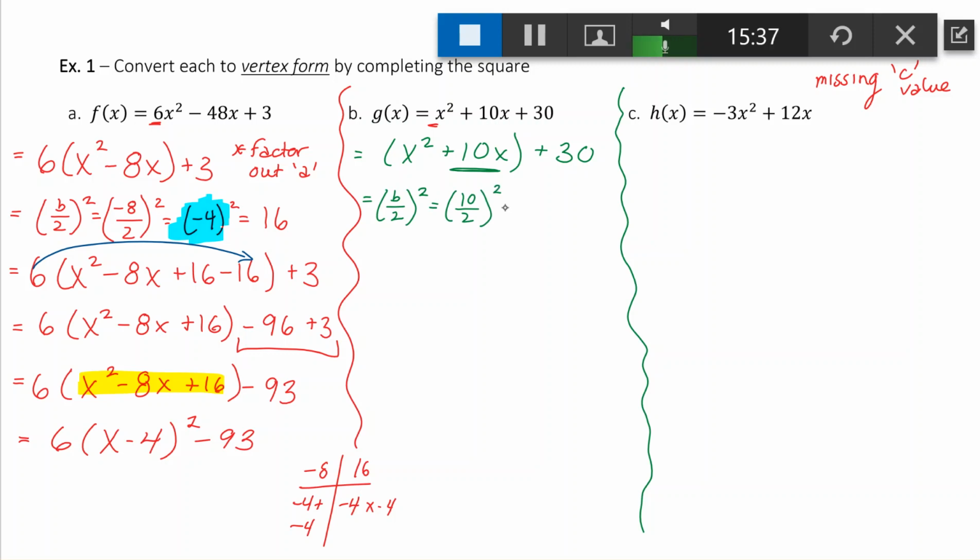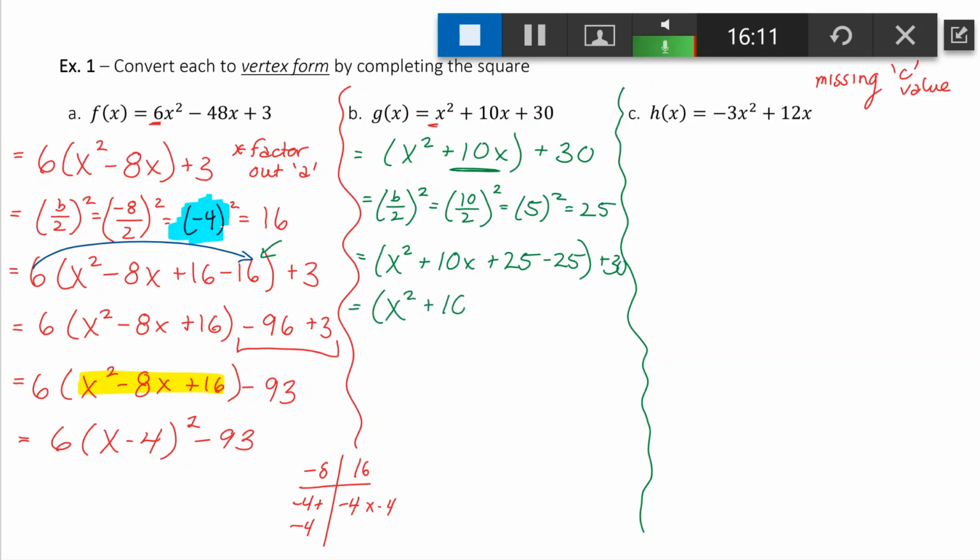Well, 10 divided by 2, that's 5, squared, that's 25, and you're going to now add and subtract that value inside of your brackets, plus 25, minus 25, and you still have that plus 30 at the end. Here, because our a value is 1, and just like our first example where we wanted to use distributive property, 1 times negative 25 is still just going to be negative 25.